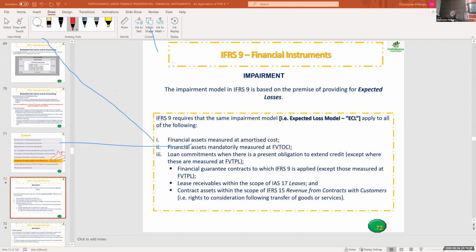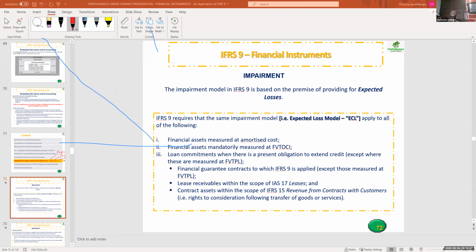And in that situation, we say we have a reversal of an impairment, which we call impairment gain under IFRS 9. But that gain or impairment reversal cannot happen when it comes to equity investment, because it is said to be of a permanent nature.